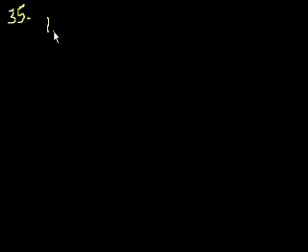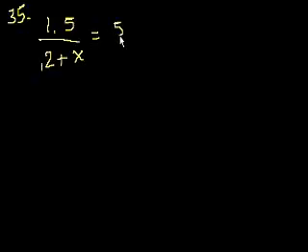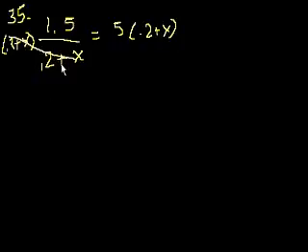If 1.5 over 0.2 plus x is equal to 5, then x is equal to, let's just solve it. Multiply both sides of this equation by 0.2 plus x. On the left-hand side, it cancels out. We just have 1.5. On the right-hand side, what's 5 times 0.2?